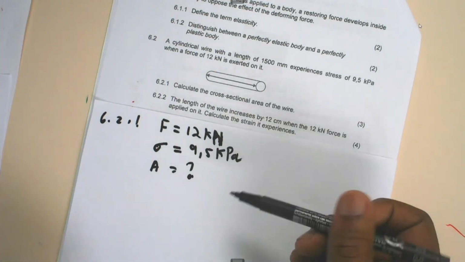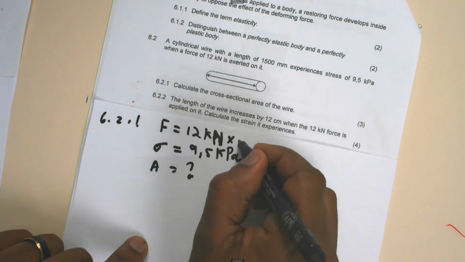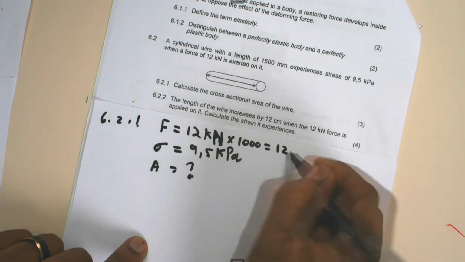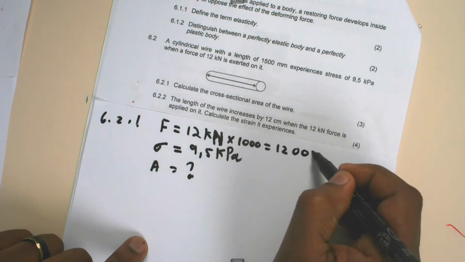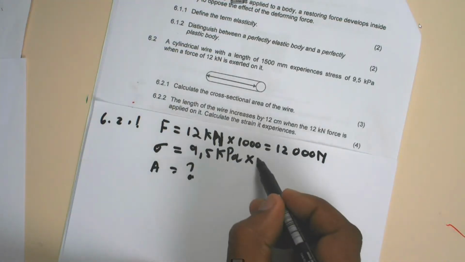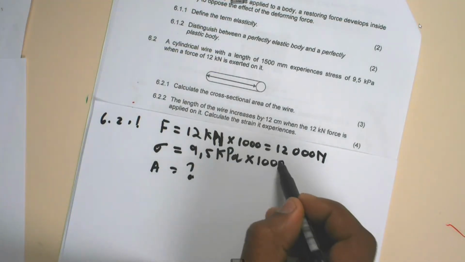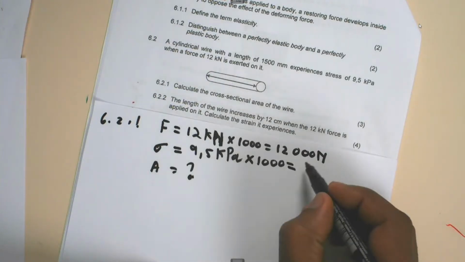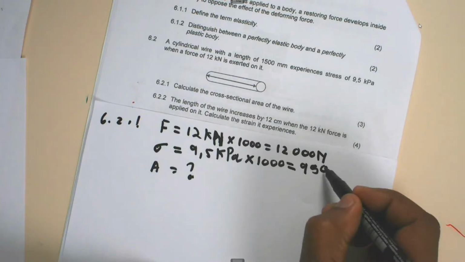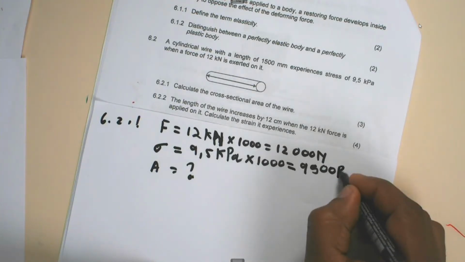So what must I do? I must multiply this one by 1,000 for me to get 12,000 newtons. I must also multiply this one by 1,000 for me to get 9,500 Pascal.